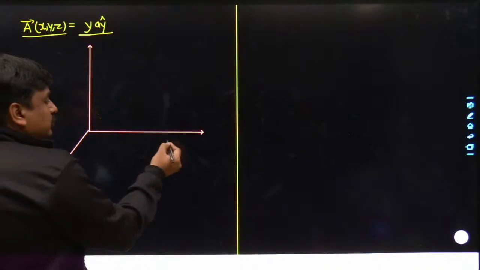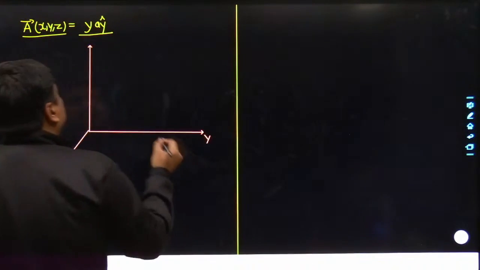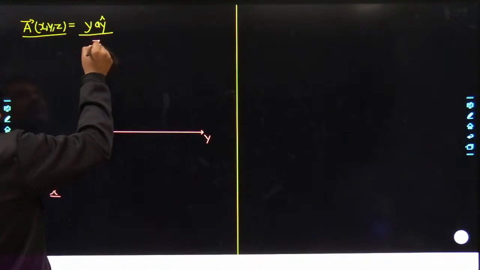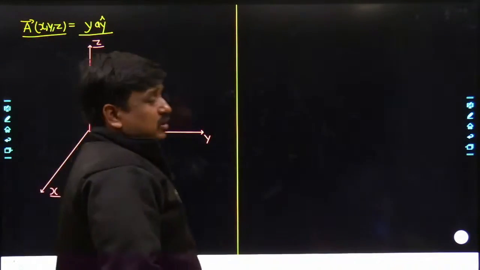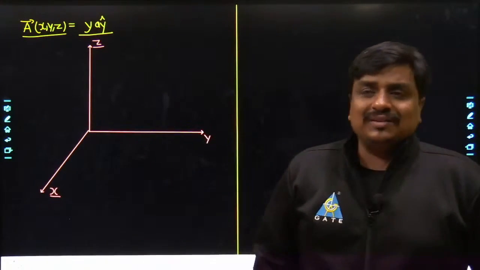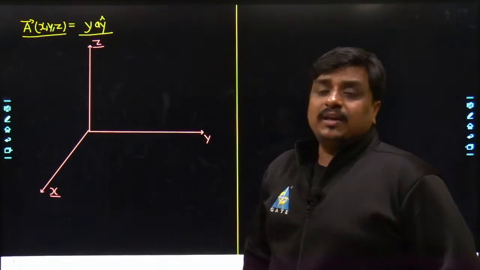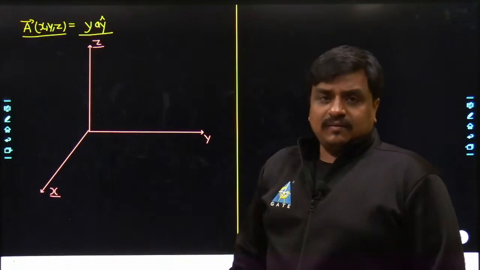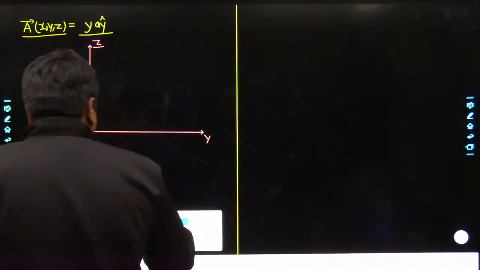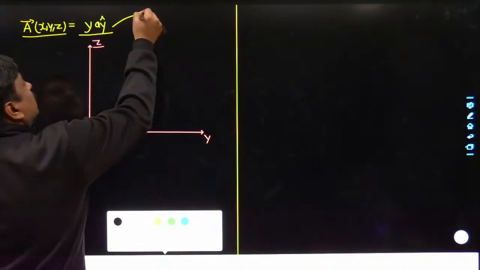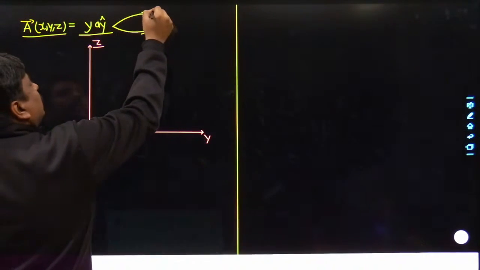Now here goes the y-axis, and here goes the z-axis. Now the vector quantity which we have to draw over this Cartesian coordinate system is y a_y cap. What does that mean, y a_y cap? My dear friends, first I would be focusing on its magnitude. So anyways, the magnitude is simply going to be y.